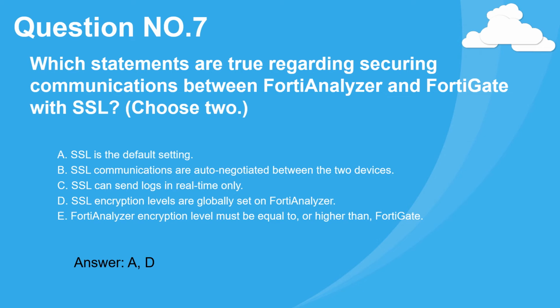C. SSL can send logs in real time only. D. SSL encryption levels are globally set on FortiAnalyzer. E. FortiAnalyzer encryption level must be equal to, or higher than, FortiGate. Answer A, D.